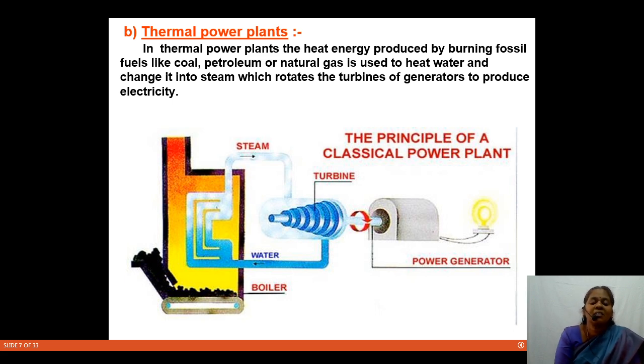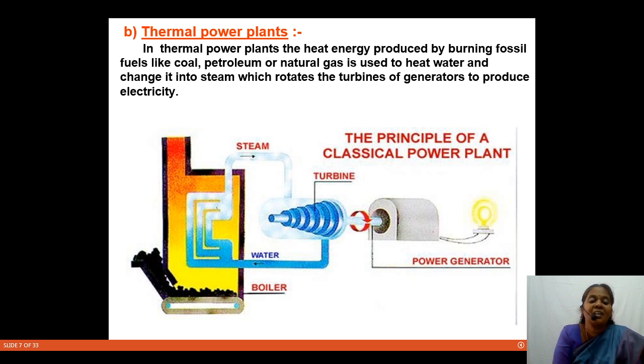So here some energy conservation also takes place. What is meant by energy conservation? The law of energy conservation, I have already studied it when you were in the 9th class. Energy can neither be created nor destroyed, it can transform from one form of energy into another form.